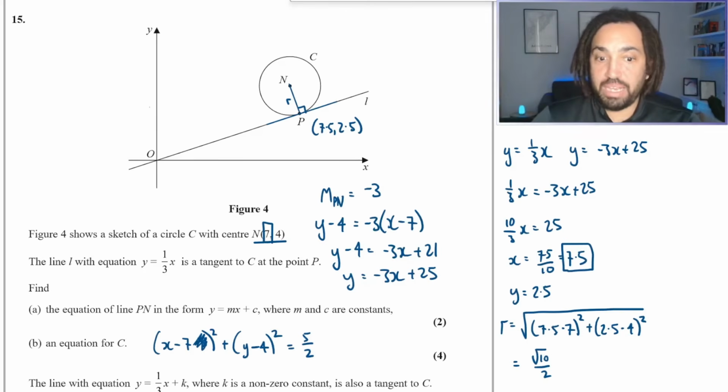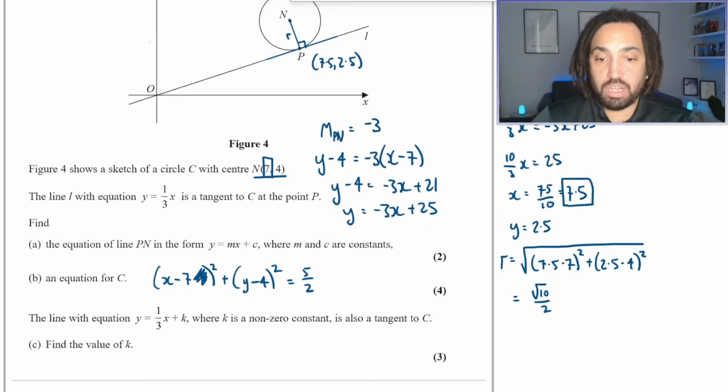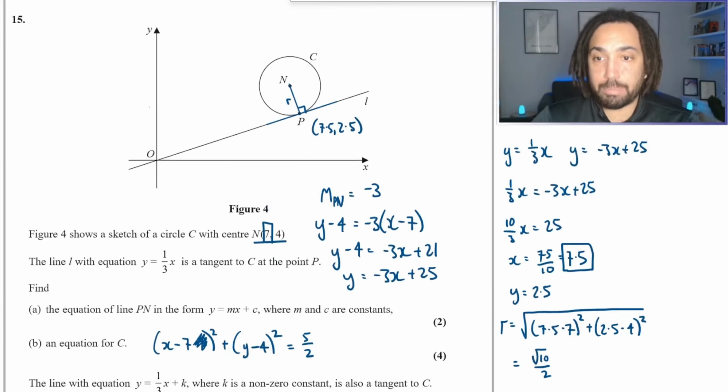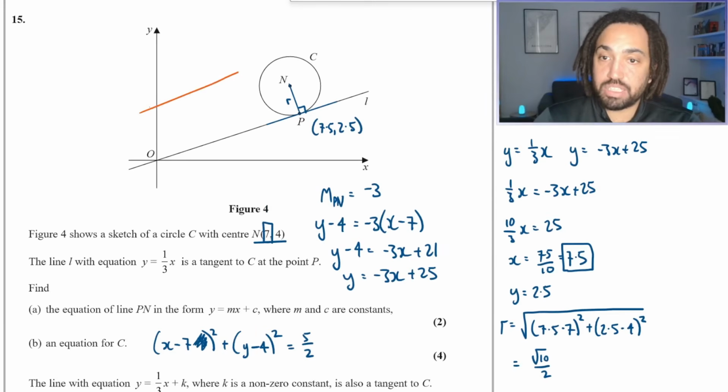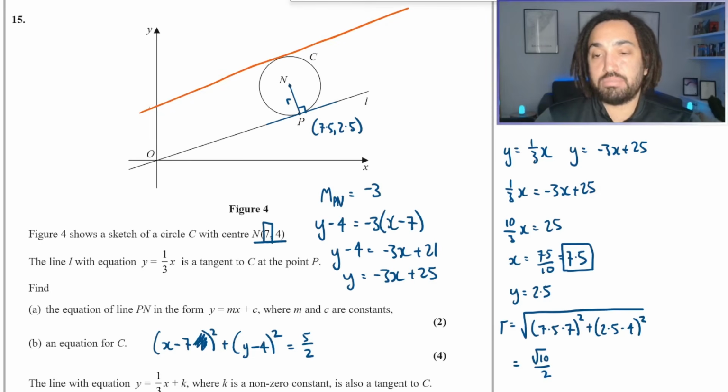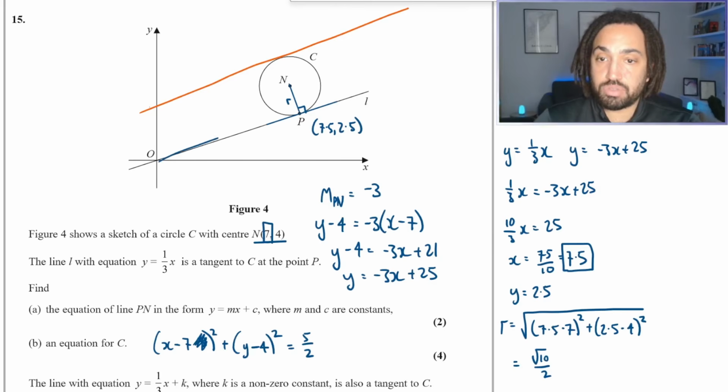Okay, part B is tricky. It says that we've got another line with the same gradient, and it's also tangent, and it says find the value of k. Okay, so if I have another line which is also tangent, it must look like this, because it has the same gradient as the original line, which I'll just draw in blue here.